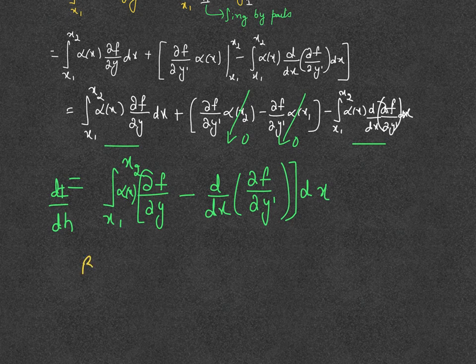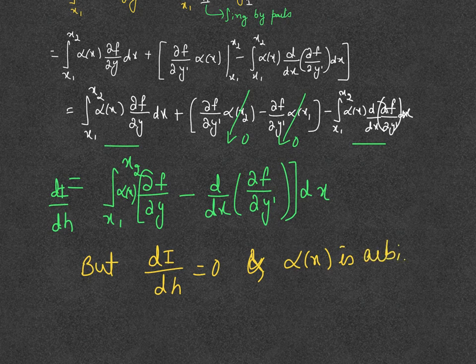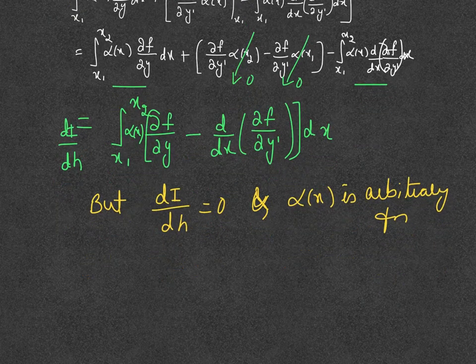But di by dh is 0 and alpha x is an arbitrary function. Therefore, let us take this equal to 0. Therefore, we can take the result dou f by dou y minus d by dx of dou f by dou y dash is equal to 0.